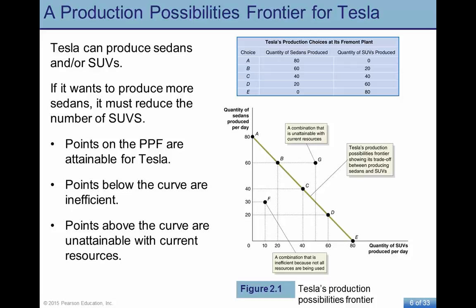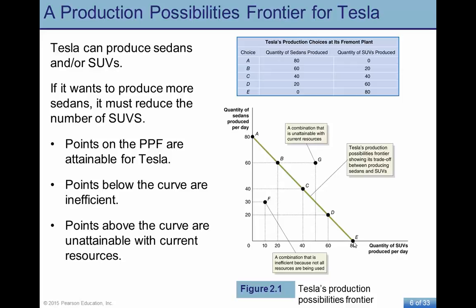Production possibilities frontier for Tesla. Tesla can produce sedans or SUVs. If it wants to produce more sedans, it must reduce the number of SUVs. You can see that the production possibility frontier for Tesla is linear, continuous. Why?